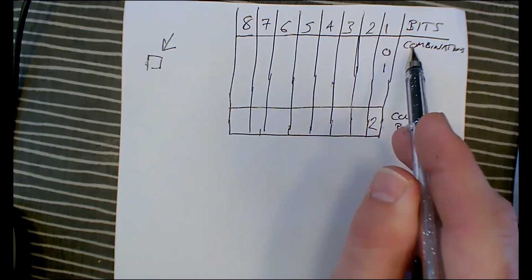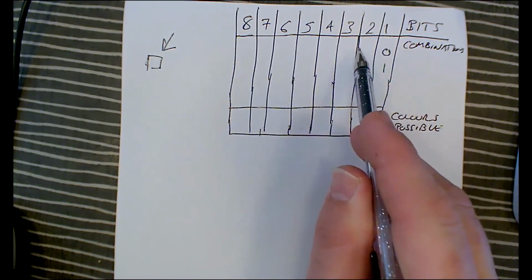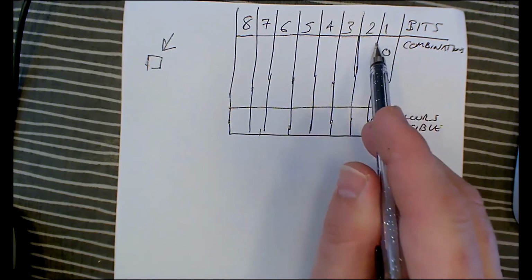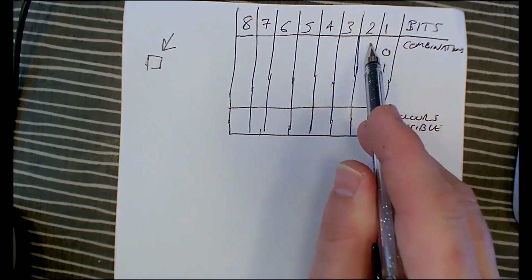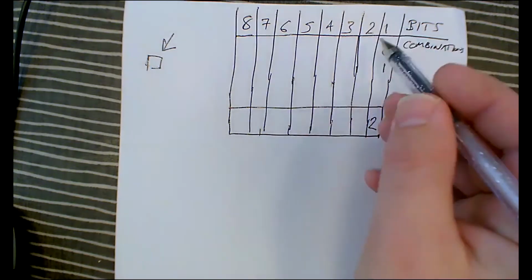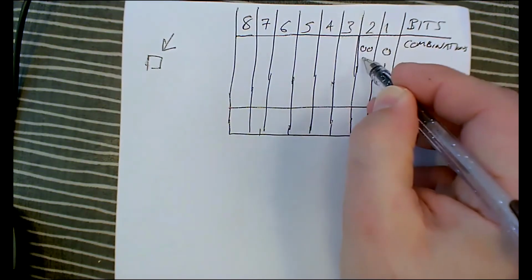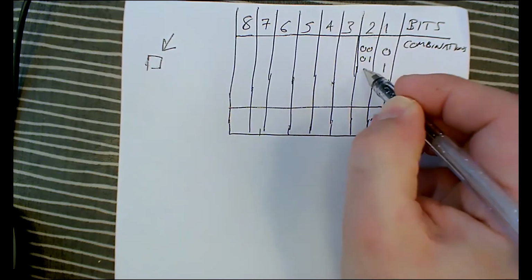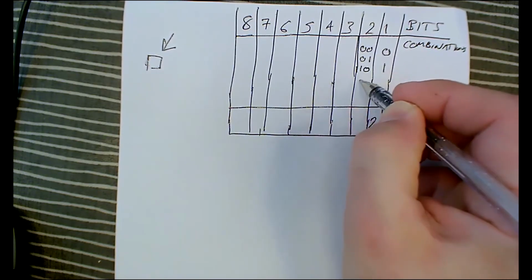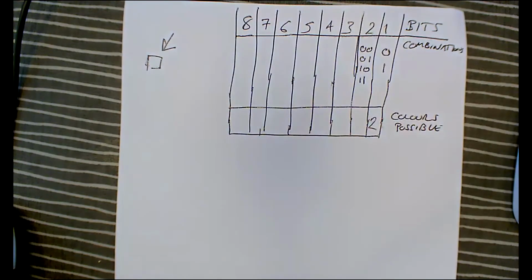Now if we then doubled up and said, well, what about 2 bits? What if we doubled the number of bits we had? So we could actually have either 0, 0, 0, 1, 1, 0, or 1, 1.